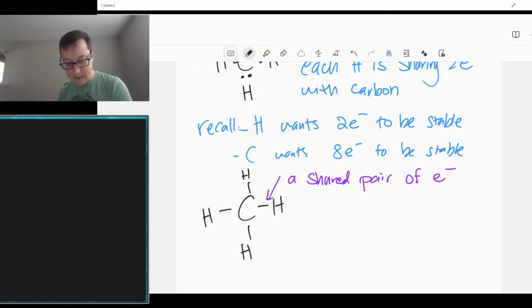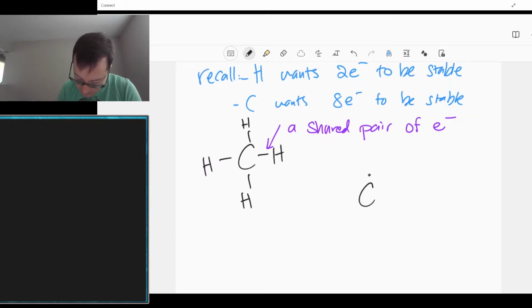Right? And it shows us how these elements are able to come together so that they share their electrons together and as a result are able to stabilize each other. So through this way, if we consider what carbon has to begin with, it's got 4 valence electrons. We have all these hydrogens with just one.